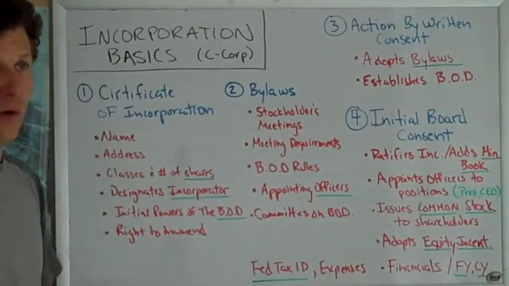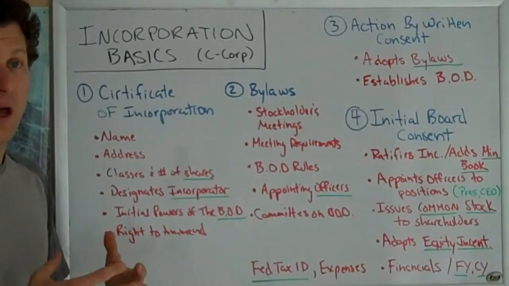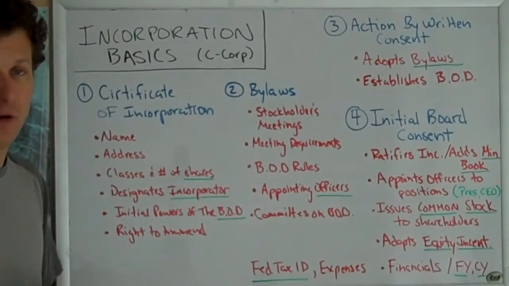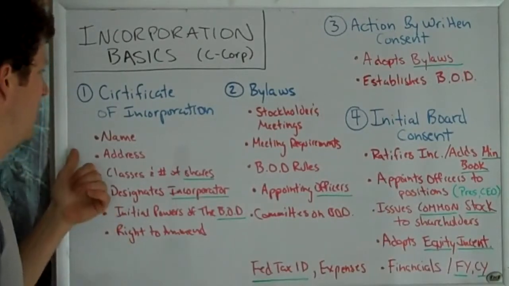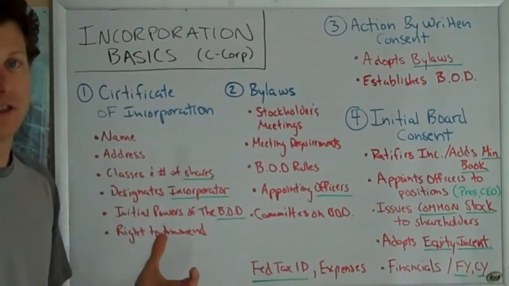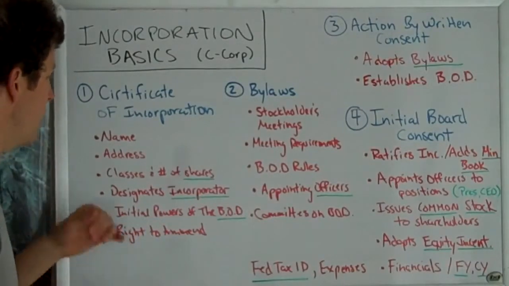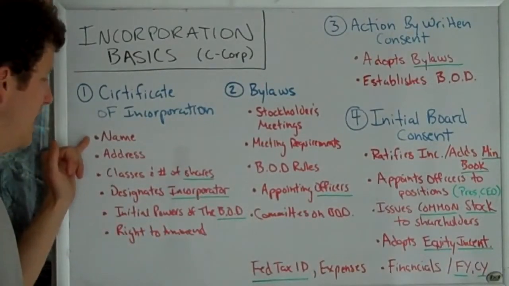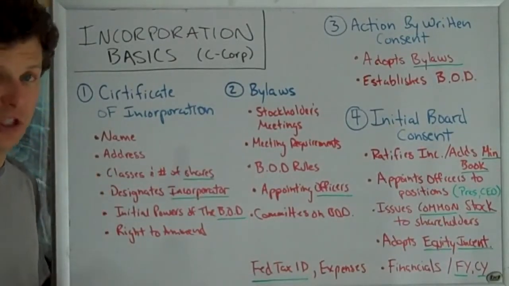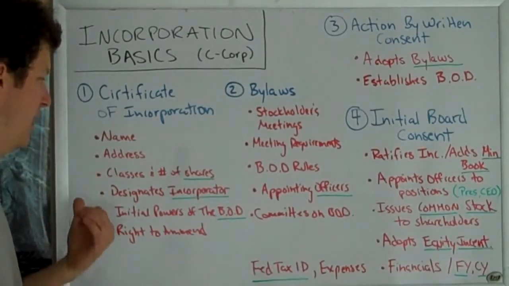So the Certificate of Incorporation is the first document. It's probably the basic document. It's also referred to as the Articles of Incorporation. This document is filed with the state and is really what originally establishes your corporation. It includes things like the name and the address of the company. It establishes classes of shares if the corporation has various classes.